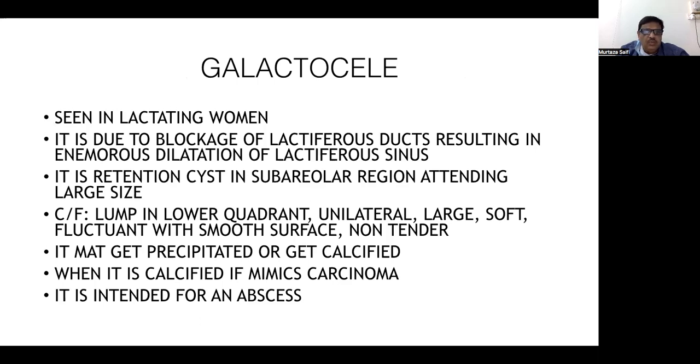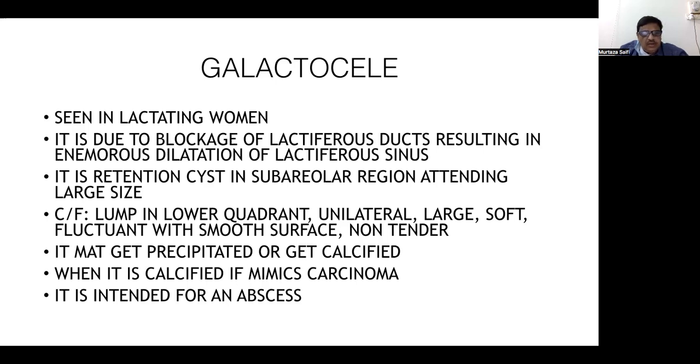Next is the galactocele. It is seen in lactating women. It is due to blockage of a lactiferous duct resulting in enormous dilatation of the lactiferous sinus. It is a retention cyst in the subareolar region attaining large size. Clinical features are a lump in the lower quadrant, unilateral, large, soft, fluctuant with a smooth surface, non-tender.